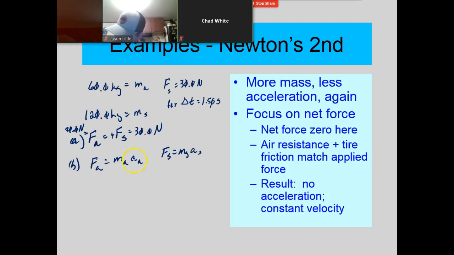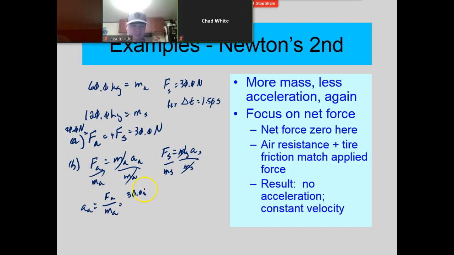What we're looking for is acceleration of both of them, so we'll divide both of these by the masses. So you get the acceleration of the astronaut is equal to force on the astronaut divided by the mass of the astronaut. Well, the force on the astronaut was 30 newtons.